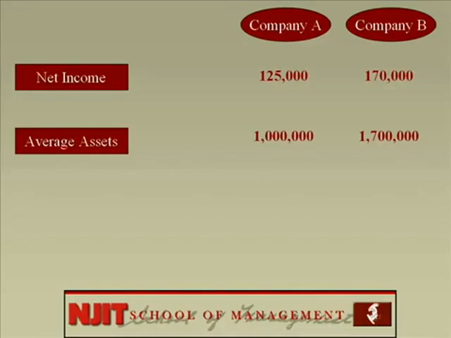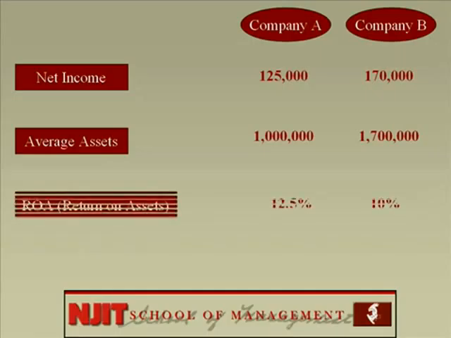Company B, $1.7 million. Now, what's the return on assets? It's net income divided by average assets. That's the formula. Write this down. Return on assets, ROA, equals net income divided by average assets. And when you compute it, you get 12.5% for A and 10% for B.